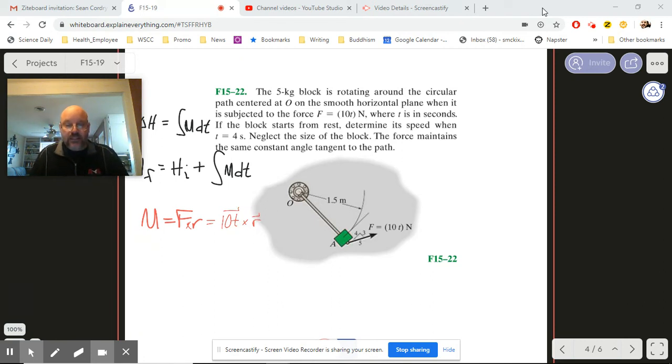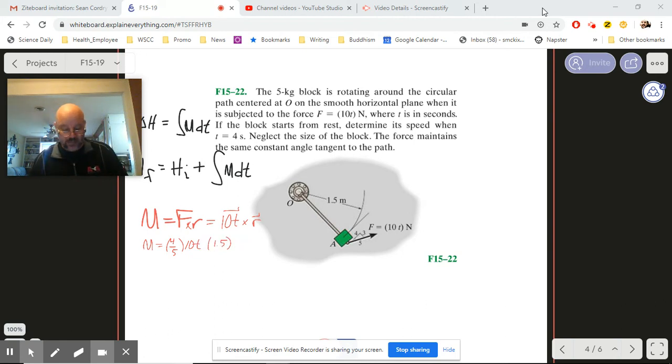So what you can see there, they gave us a nice 3, 4, 5 triangle. Okay. So once we take into account that offset, all right, what we really need is the 4/5 component. Okay. So our moment then really becomes 4/5 of 10t times our radius, which is 1.5.